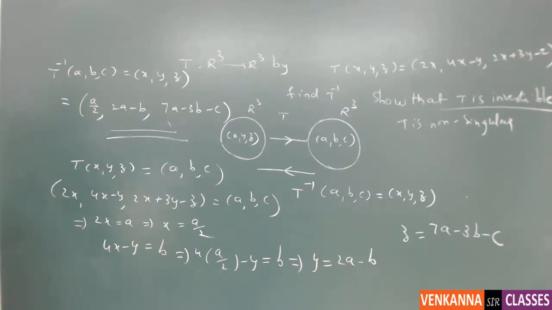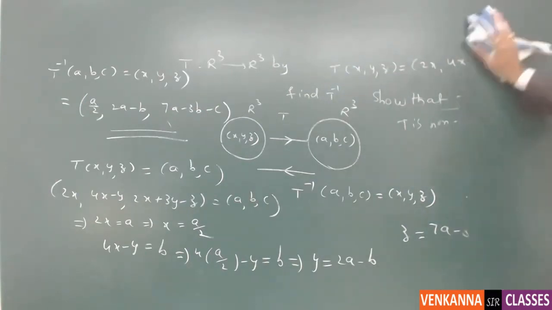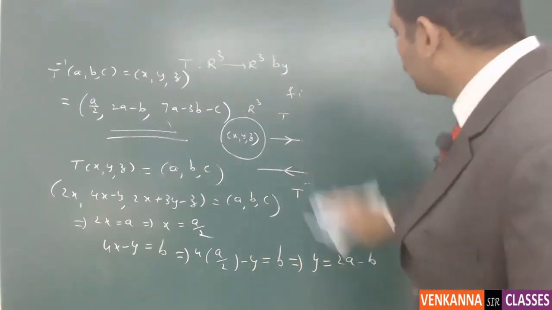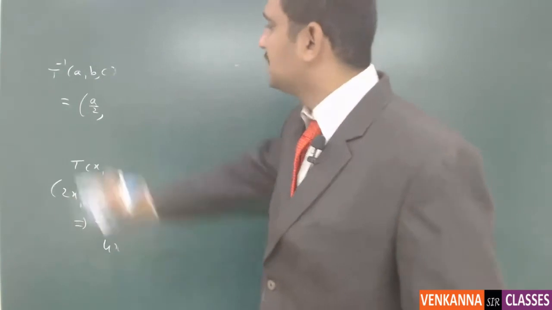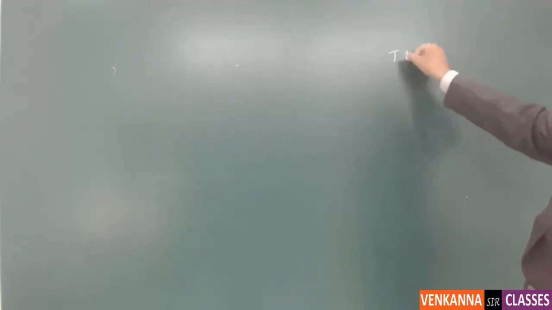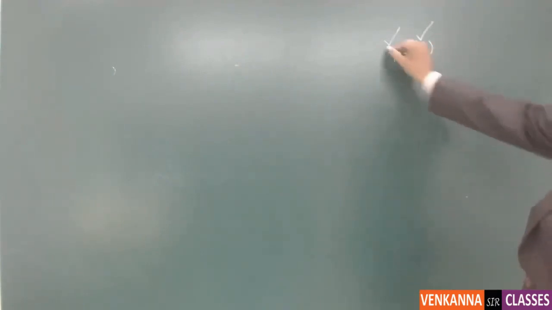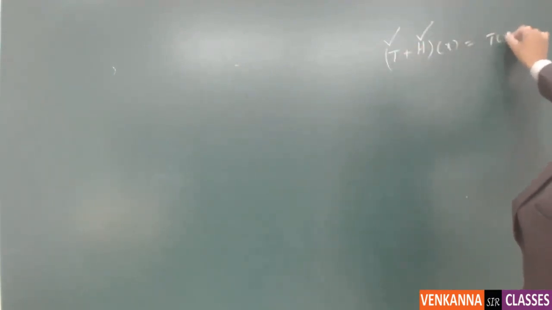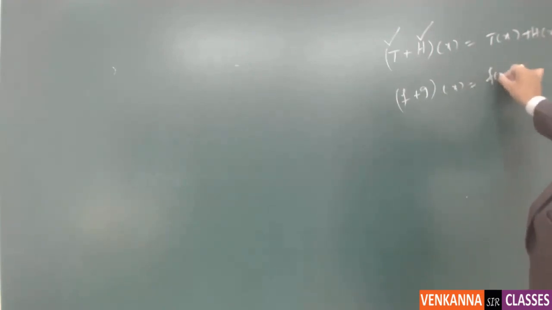Right? So please understand that if you are dealing with linear transformations, don't treat them separately. They are just functions. As you have done so many problems at school level and calculus level with regard to functions, the same things will be obeyed by T also here. Suppose I have given T plus H, where T is a transformation and H is a transformation. So (T plus H) of x is nothing but T of x plus H of x, as we do, (f plus g) of x is equal to f of x plus g of x.